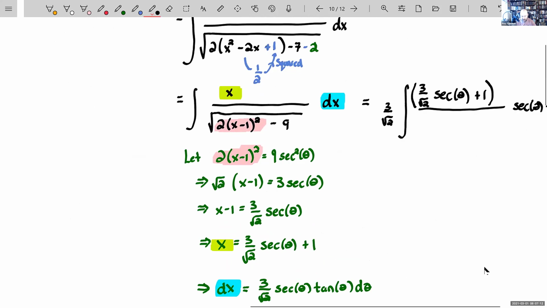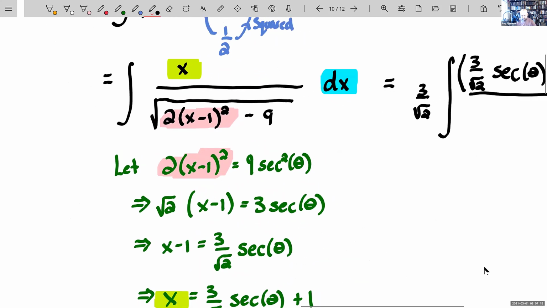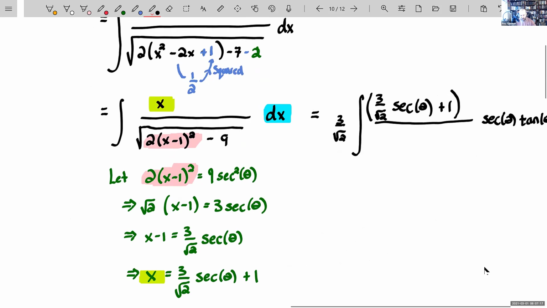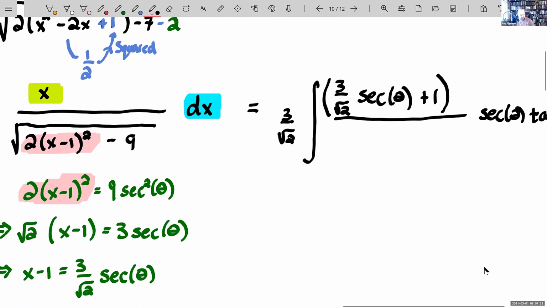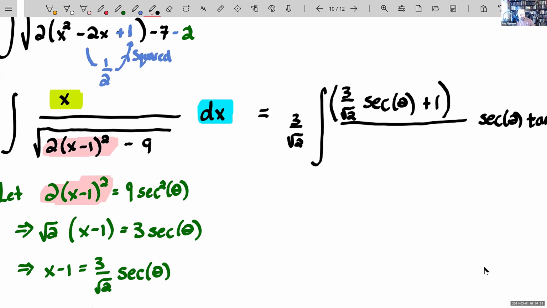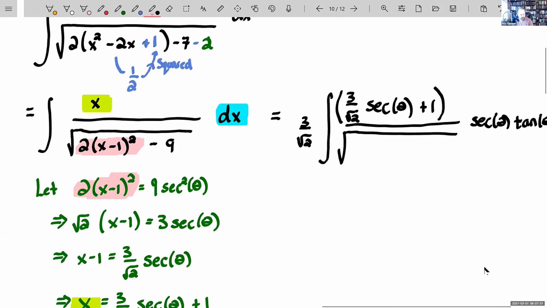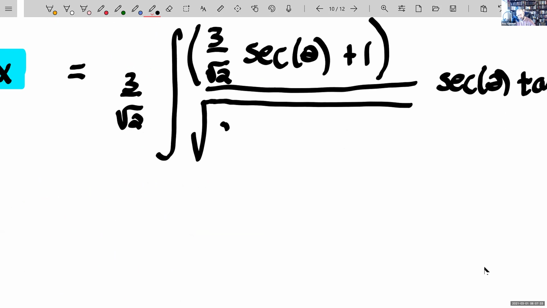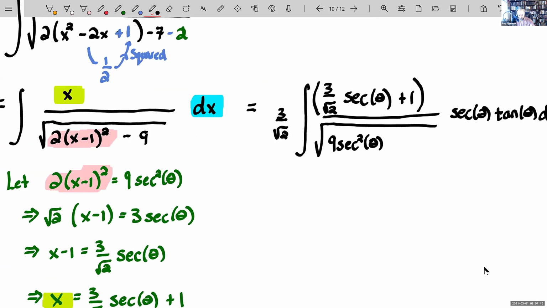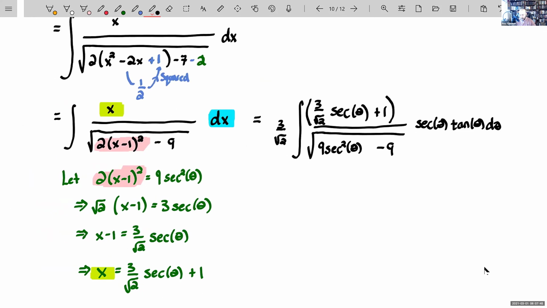Oh, I haven't gotten to that yet. So I'm not there yet. So downstairs, we have a square root of 2 times the quantity x minus 1 squared. So square root of 2 times the quantity x minus 1 squared is 9 secant squared of theta. And then we have the -9. So all of our substitutions are made.